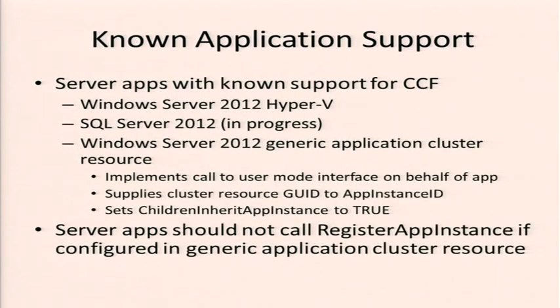Now, if we want to take a look at the applications that I'm aware of that support cluster client failover and the app instance ID, there is Windows Server 2012 Hyper-V. Hyper-V supports an application instance ID on each VM. For your information, every VM has a GUID, so it uses that VM GUID, and that stays constant as the VM traverses a cluster.